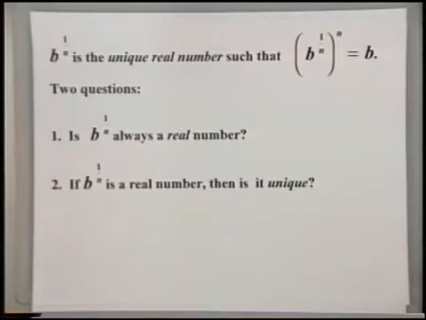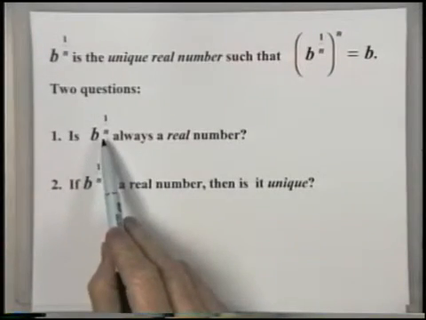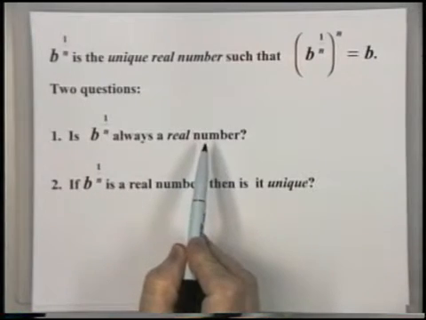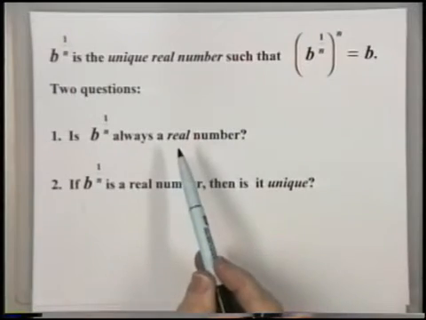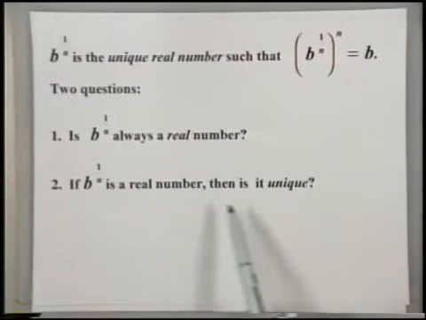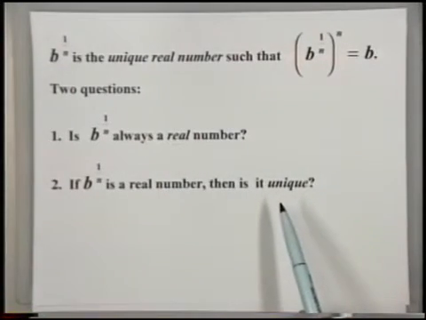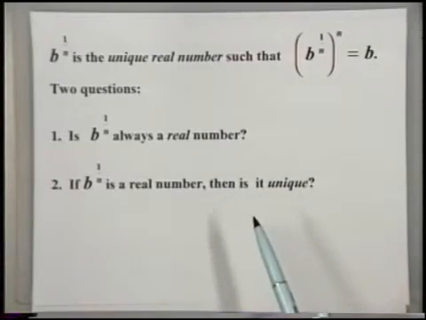That is, maybe there's more than one possible number that would satisfy this statement. So we got two things to worry about. Is there always an answer? Is there such a real number for this statement to be true? And then, is there only one real number for this statement to be true?